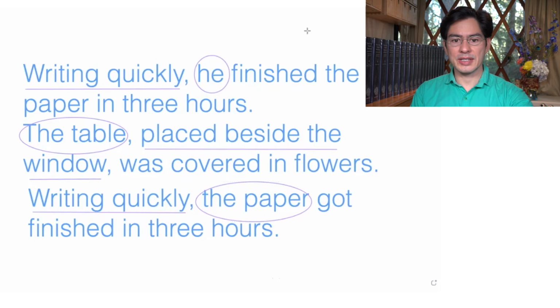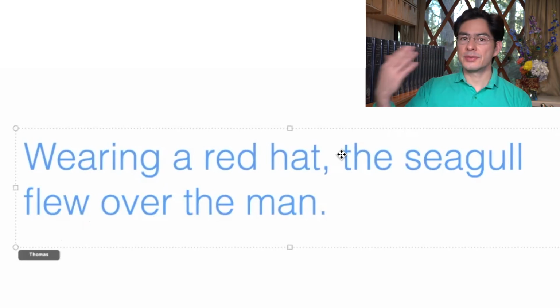Now, there's one more example. I'll clear this out of the way, and I'll give you one more example, because sometimes these dangling participles or misrelated participles can lead to funny situations. Here's one. Wearing a red hat, the seagull flew over the man. Again, if we were reading this quickly, we might assume that, oh yeah, there was a man, he was wearing a red hat, and a seagull flew over him.